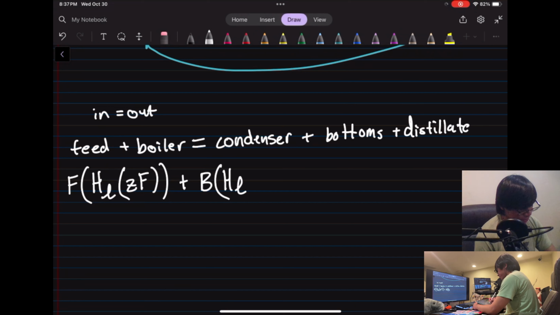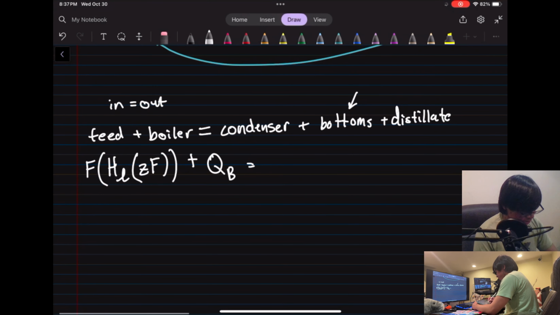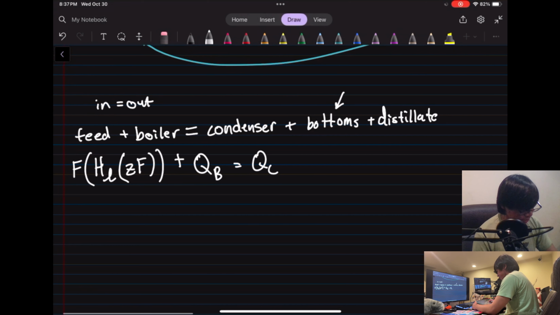The bottoms, I'm sorry, this is the power we're putting in. So this is our QB that we're solving for. I was thinking of bottoms and boiler. Condenser we already solved for. That's QC from the last, for the rectifying equation. Bottoms, this is what I was talking about.